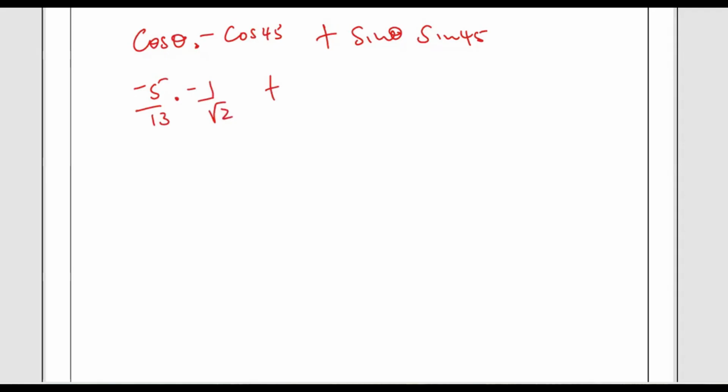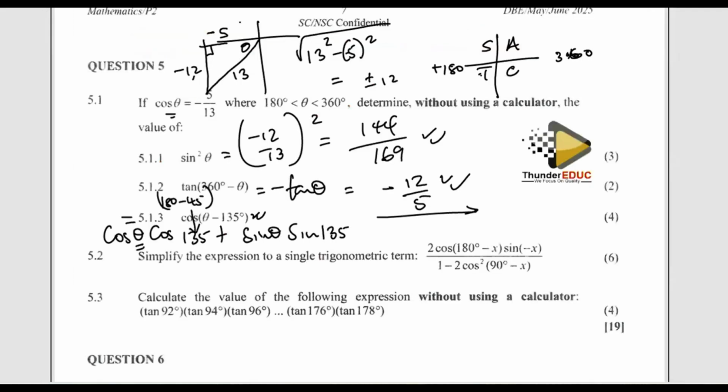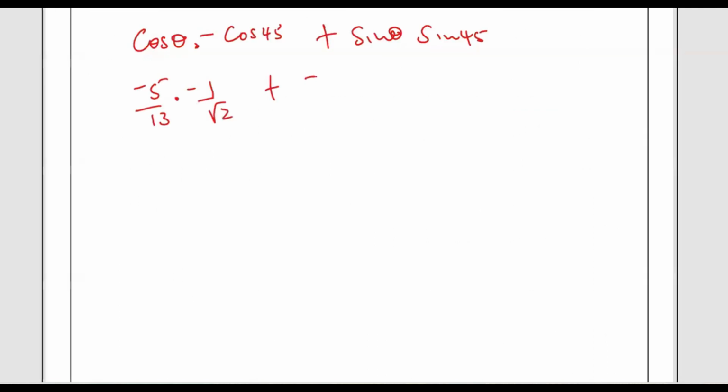Plus, the sine is going to be opposite over hypotenuse, which is negative 12 over 13. We're multiplying it by 1 over square root of 2. Simplify this, that's going to be a 5 over 13 root 2. And then I'm adding, no, I'm not adding, I'm subtracting.